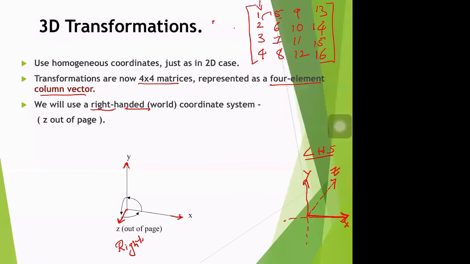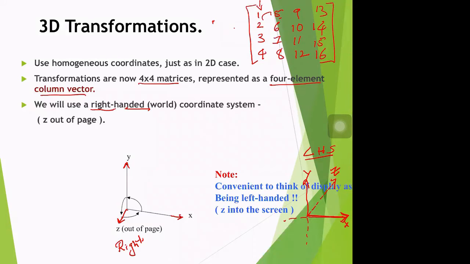So here we are actually taking a right hand coordinate system for all the examples, because we are able to see the image very clearly if we take the right hand side, when we are putting this in the book or for the explanation.